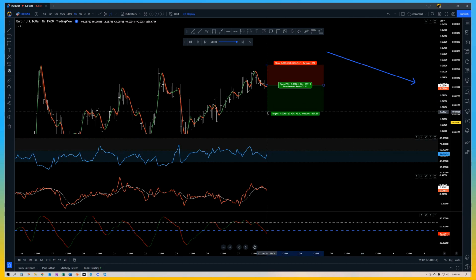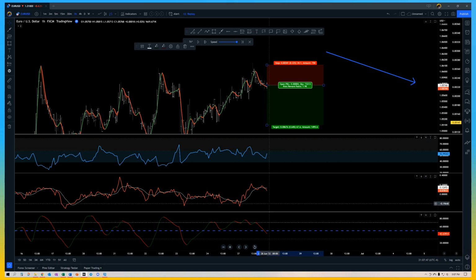Now, the thing with that is we don't necessarily know where the exit is going to happen because we're waiting for the indicator to tell us when to exit. Usually in a strategy like this, you would have several indicators for confluence, or maybe use all price action strategy and just have one indicator that you have found is amazing at getting you out of trades before price reverses or before it has a deeper retracement.